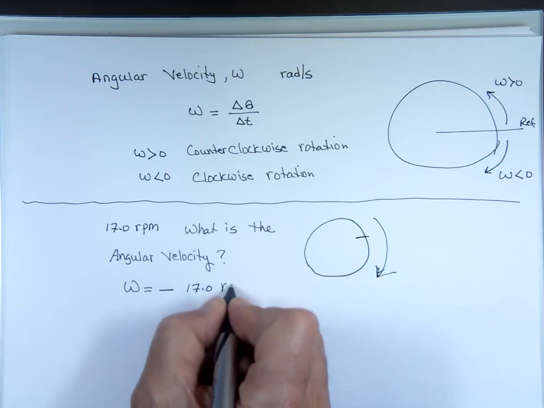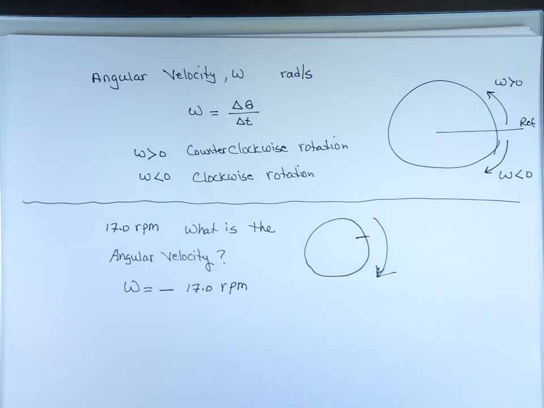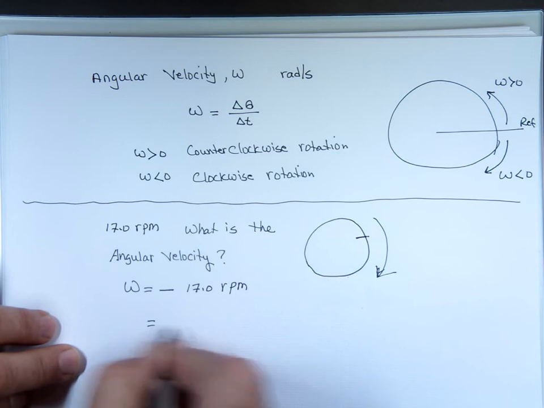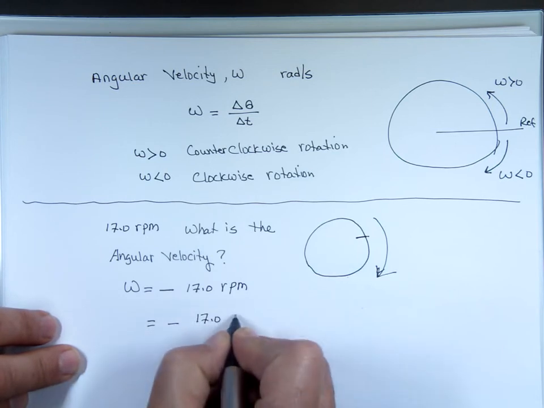So it really is negative 17 RPM, except we don't want RPM for angular speed or velocity. We want it in the right unit, which is radian per second. So how do we convert RPM? The units are revolution per minute.